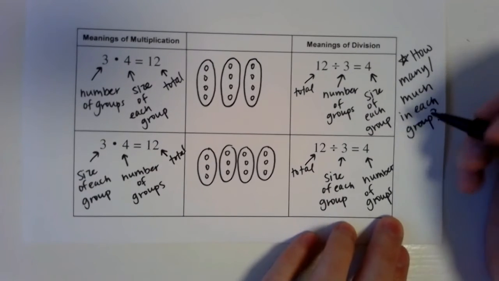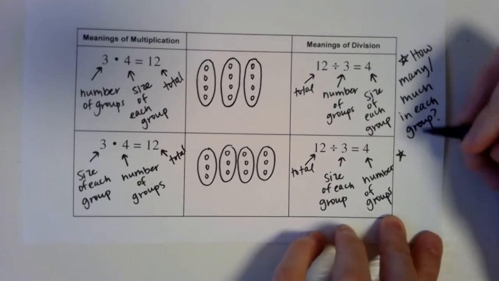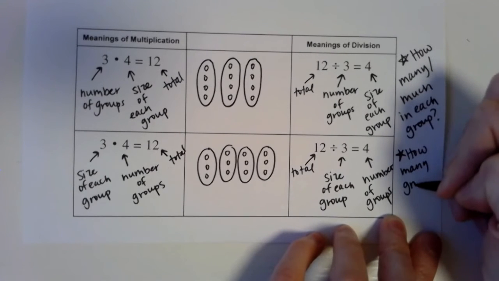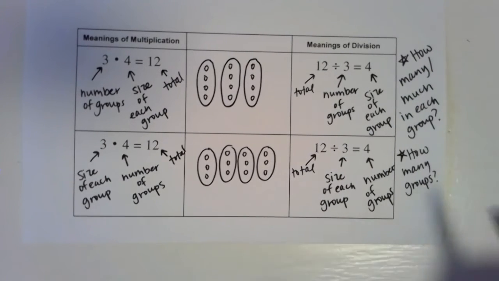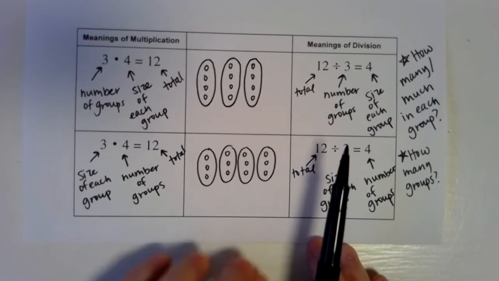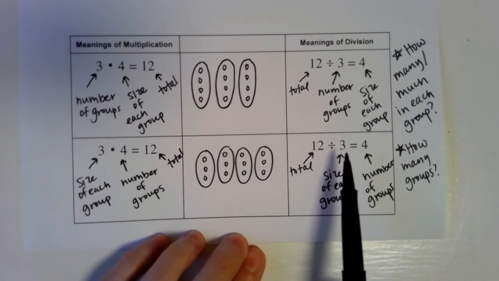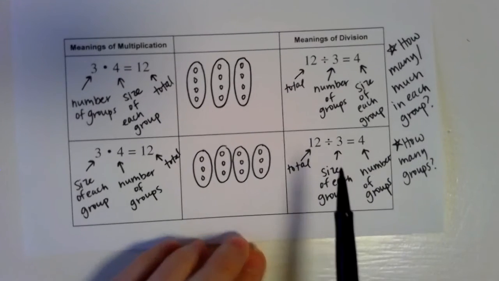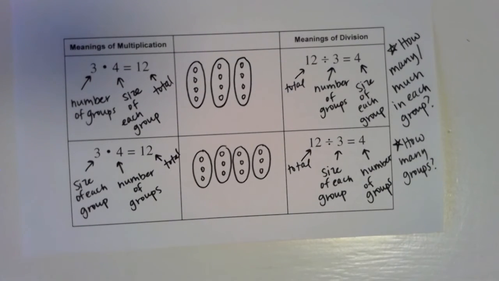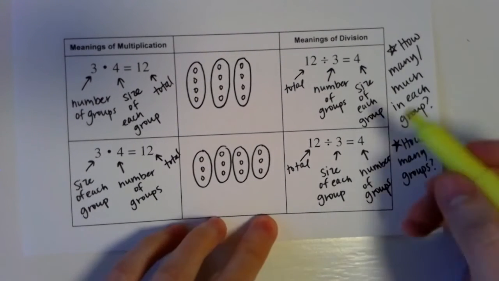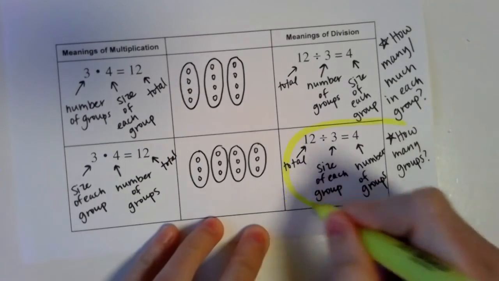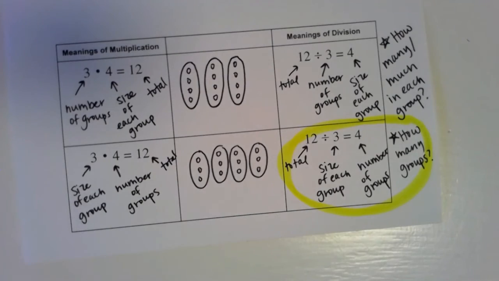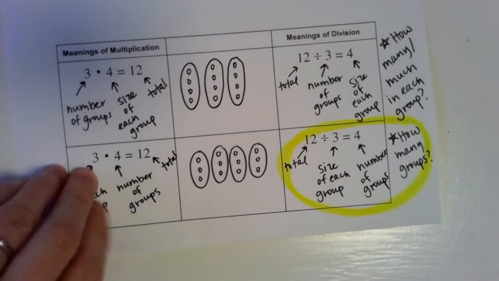So when we're thinking about a division problem like this, we're really answering the question, how many groups? Or a way you could phrase this particular one is, how many groups of 3 fit inside 12? So keep this interpretation of division in mind as we look back at our banana pudding recipe problem.